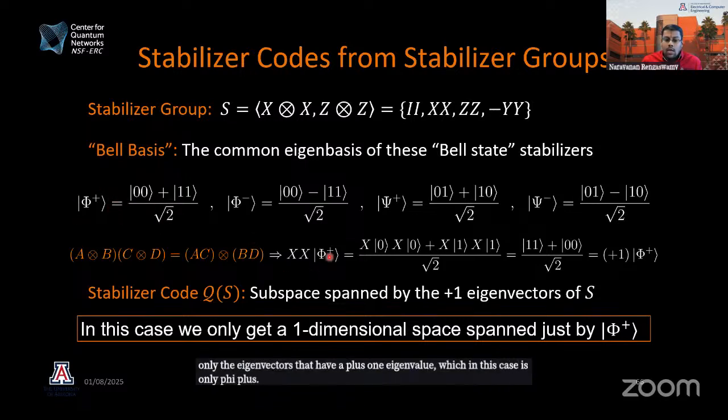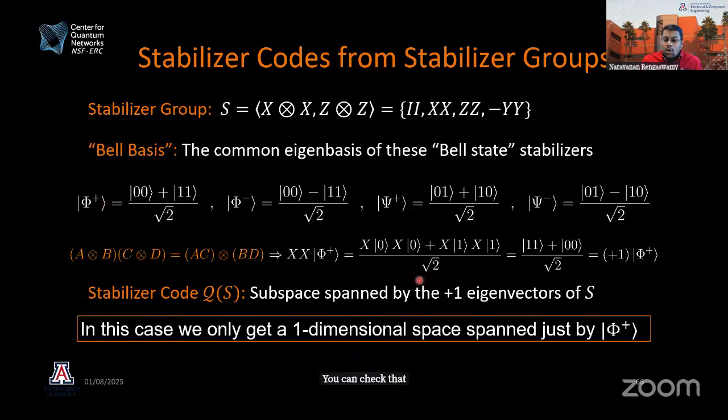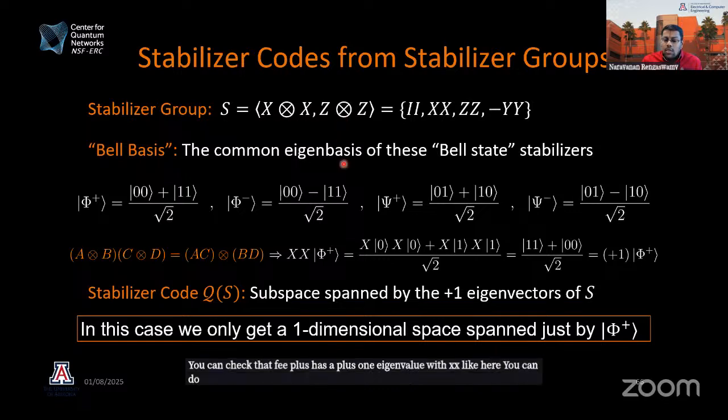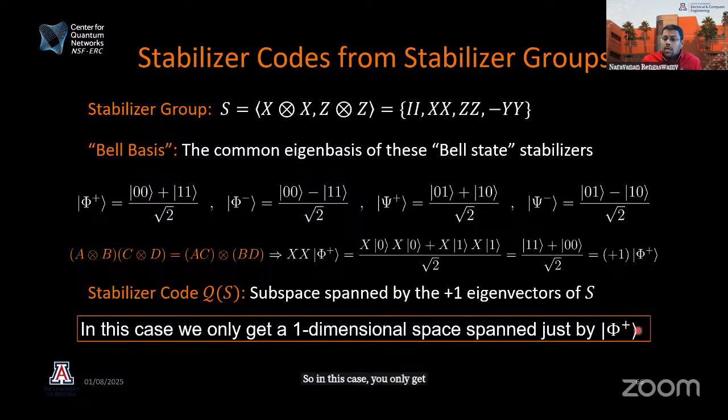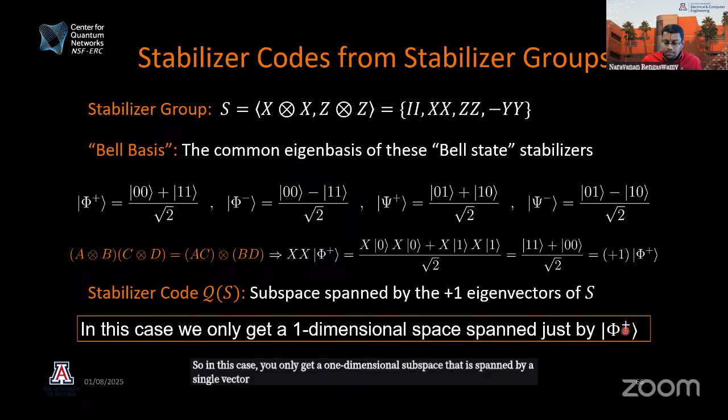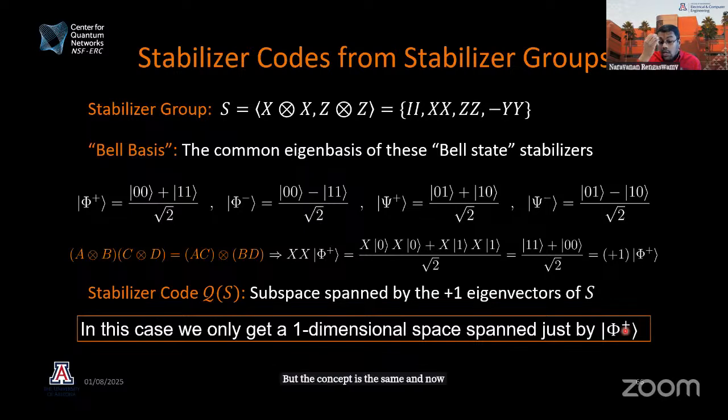You can check that phi plus has a +1 eigenvalue with XX, like here. You can do the same calculation with ZZ, and you will see that it still has a +1 eigenvalue. So in this case, you only get a one-dimensional subspace that is spanned by a single vector, which is phi plus. But the concept is the same. And now we're going to generalize shortly. The concept is the same.